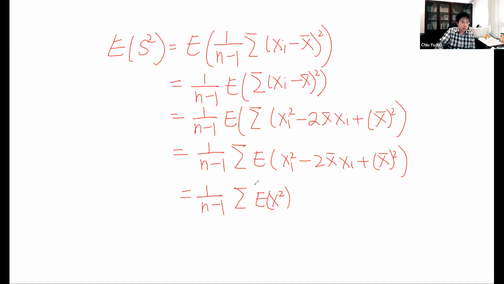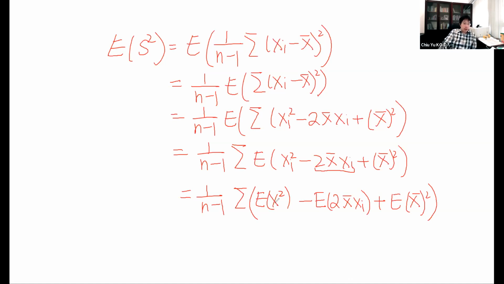Then expected 2 x bar xi, and expected x bar squared. The 2 x bar is a constant and can be taken out, so this should be 2 x bar expected xi, and this again is x bar. So you have 2 x bar squared plus x bar squared, and then your summation.